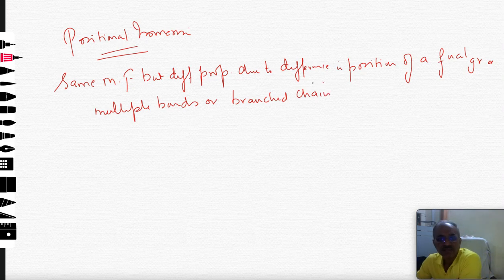Try to understand: same molecular formula but different properties, due to difference in position of a functional group or multiple bonds or branched chain.